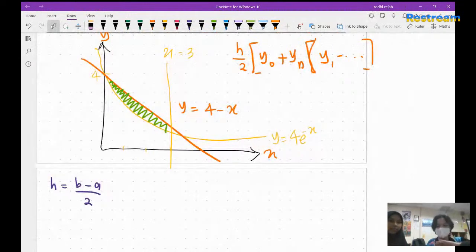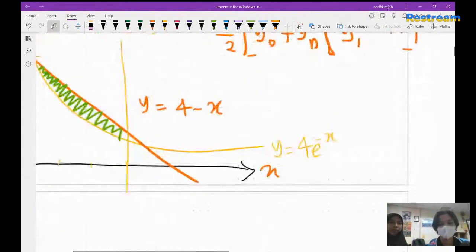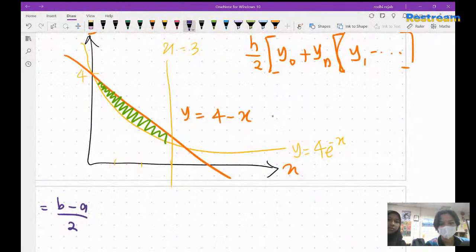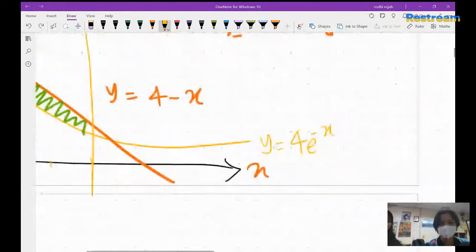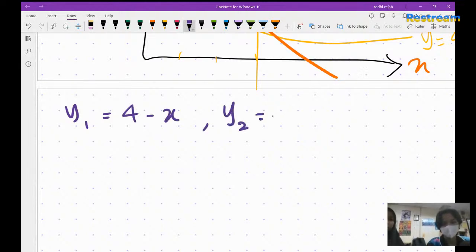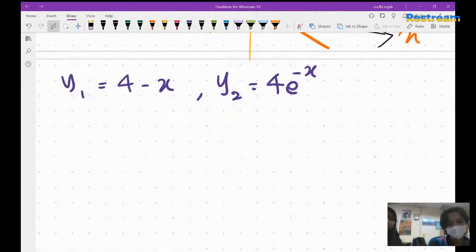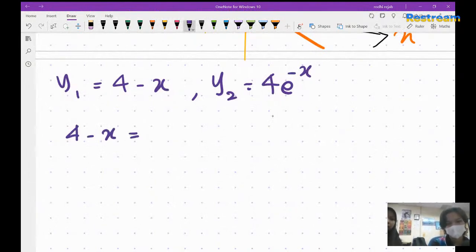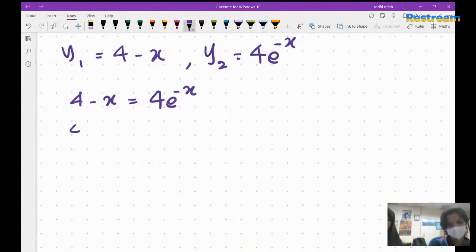First we need to construct the equation. There are 2 equations, this and this, so we just equate them. y1 equals 4 minus x, y2 equals 4e^x. Equate them since both are y. 4 minus x equals 4e^(-x).